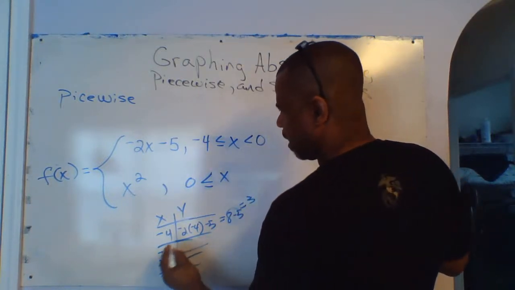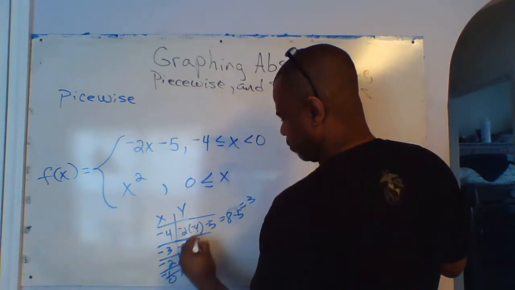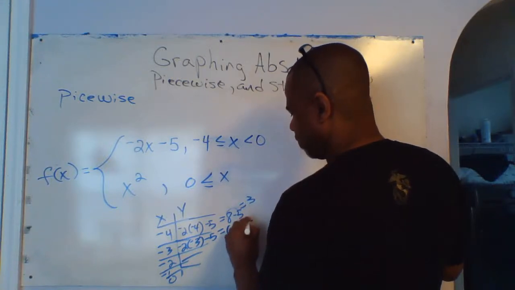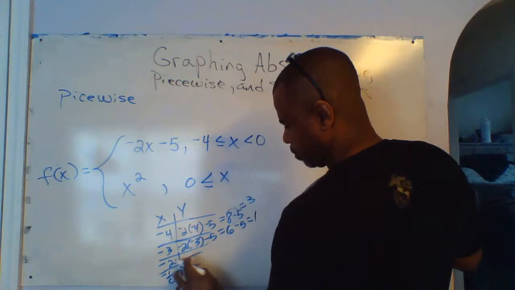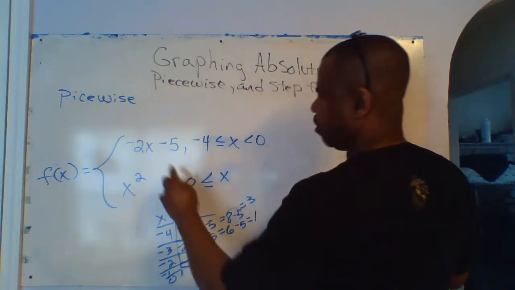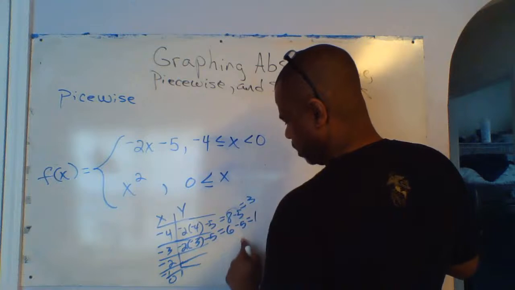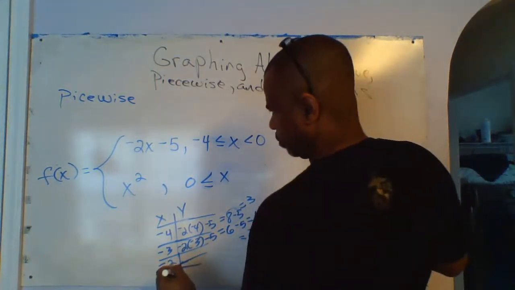And then we have negative 3. So that's negative 2 times negative 3 minus 5. 6 minus 5 is going to give us 1. Since we know this is a linear function, it goes down by 2 each time.